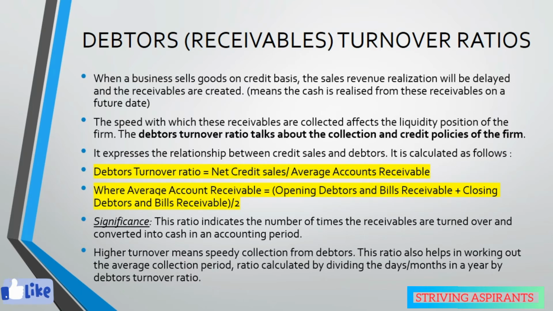This ratio indicates the number of times the receivables are turned over and converted into cash in an accounting period. Higher turnover means speedy collection from debtors. This ratio also helps in working out the average collection period, calculated by dividing the days or months in a year by the debtors turnover ratio.